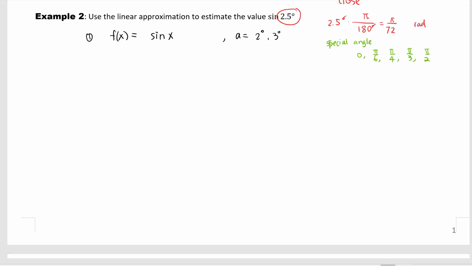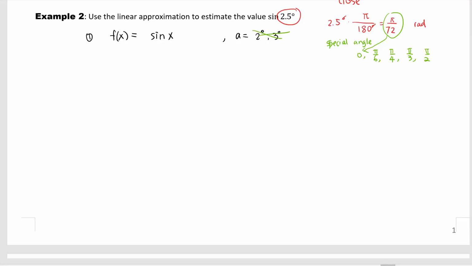Those are the special angles, right? Pi over 72. Which one is closest to it? I would say 0 is the closest. Do you agree? If we change to degrees, the special angles are 0, 30 degree, 45 degree, 60 degree, and 90 degree, and 2.5 is closest to the 0 degree.